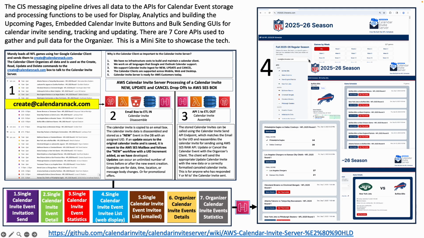using and pumping her data to off her personal calendar using a command create@calendarsnack.com. Everything off of Mandy's NFL calendar on her personal calendar went to create@calendarsnack.com. We ingested that data by disassembling those individual calendar events.